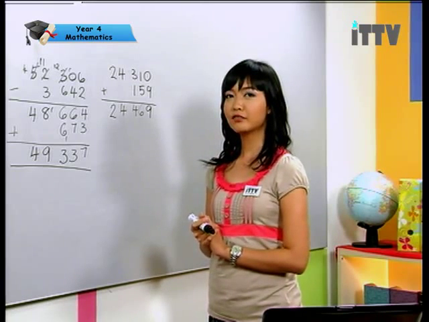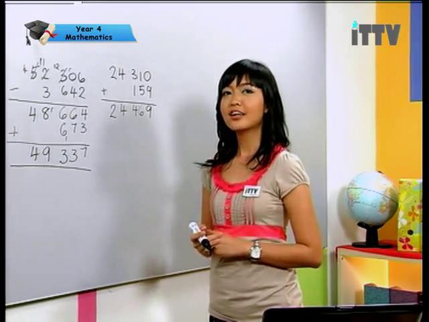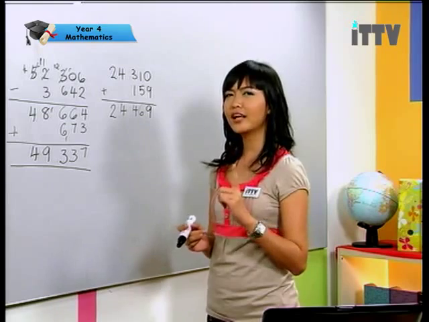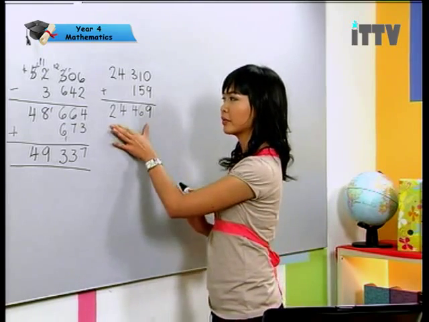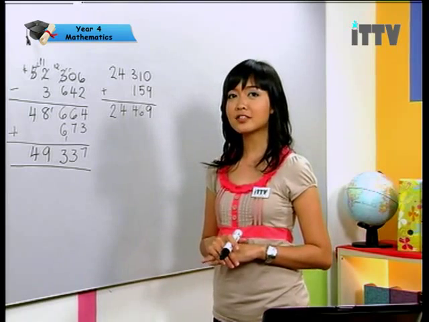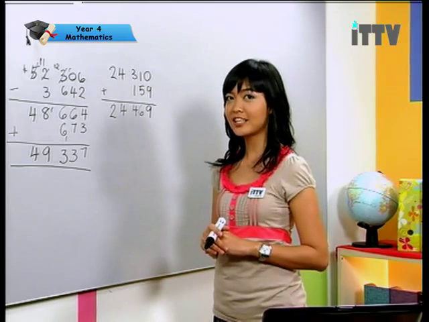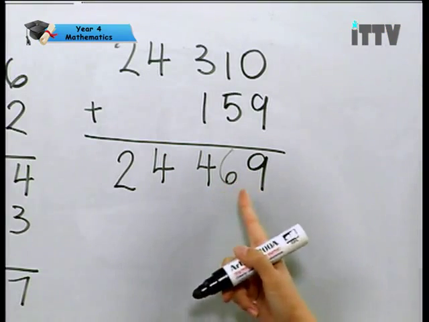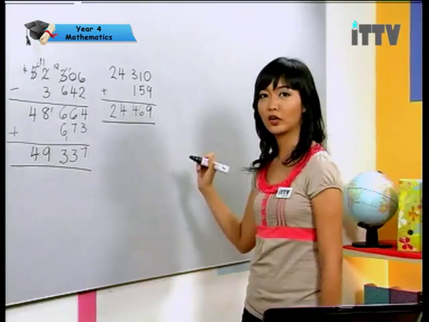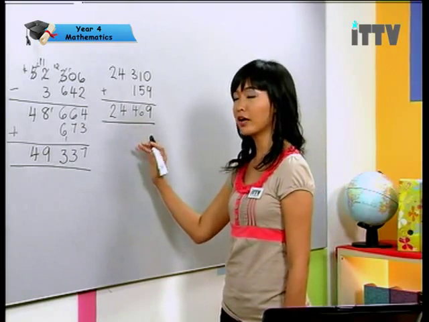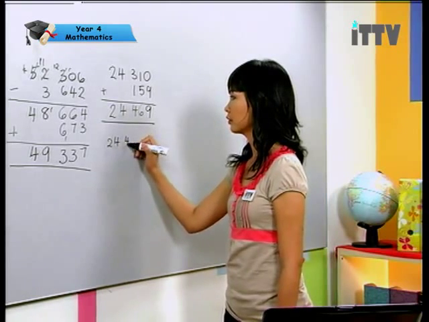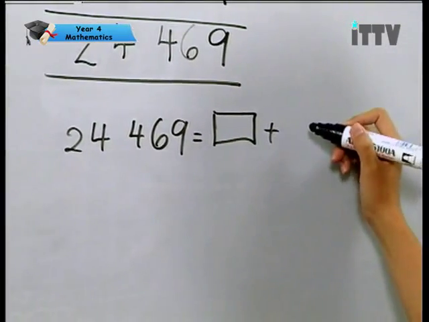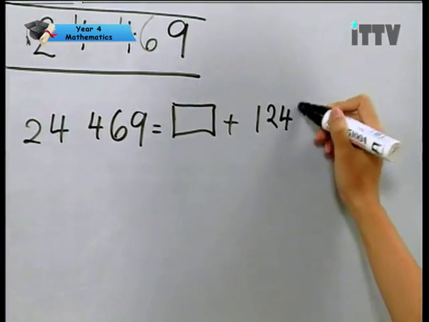So if this number is equivalent to the blank plus 1,248, since I know that subtraction is the inverse operation of addition, the blank will therefore be this number minus 1,248. So our total is 24,469. On the left, the two numbers that we have earlier equal the blank plus 1,248.